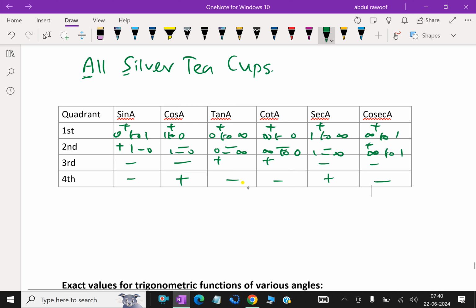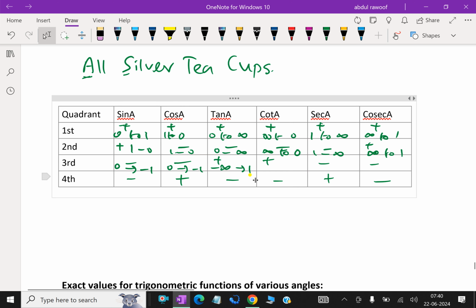Then you can also put the third quadrant values: 0 to minus 1, minus 1 to 0, and 0 to infinity.